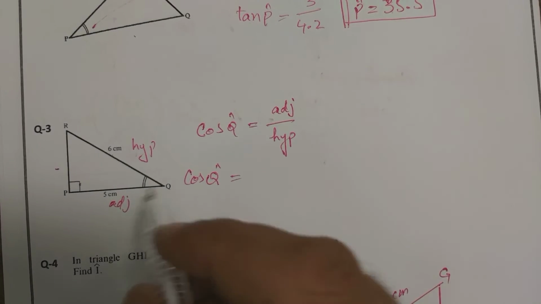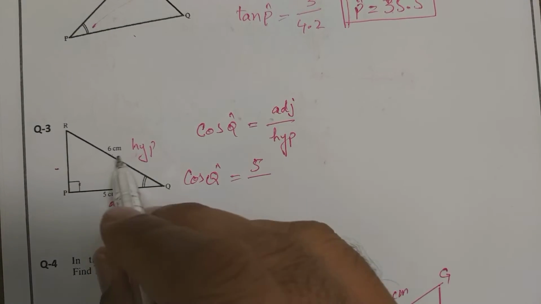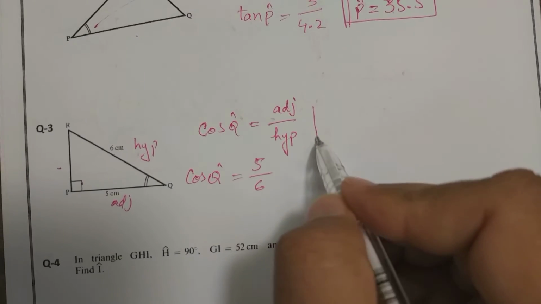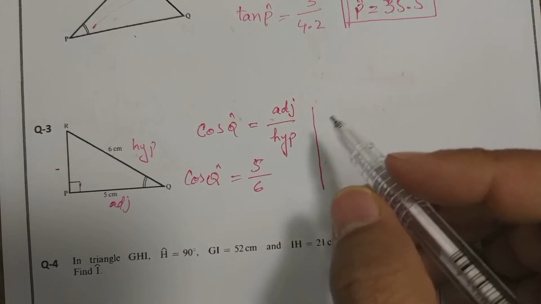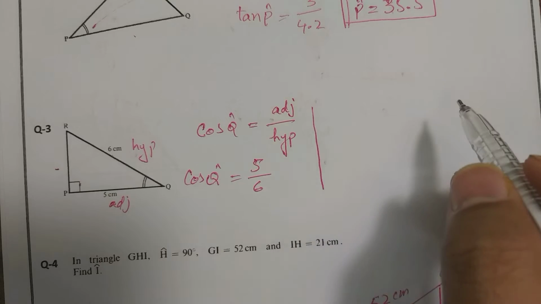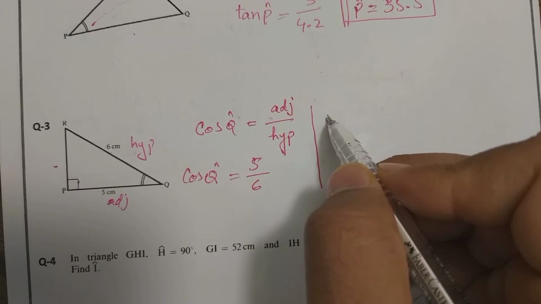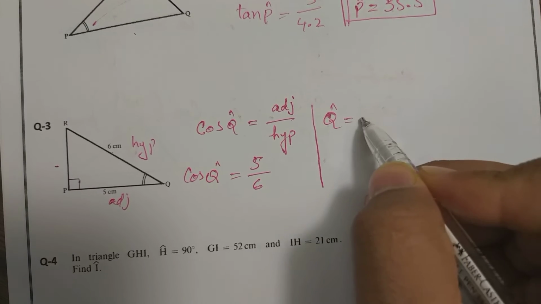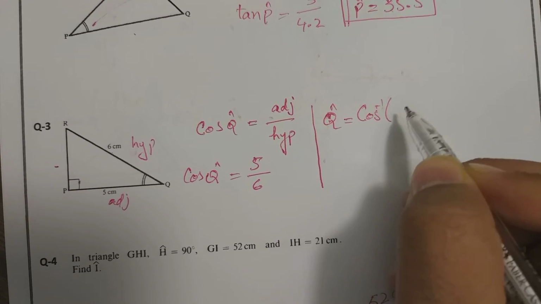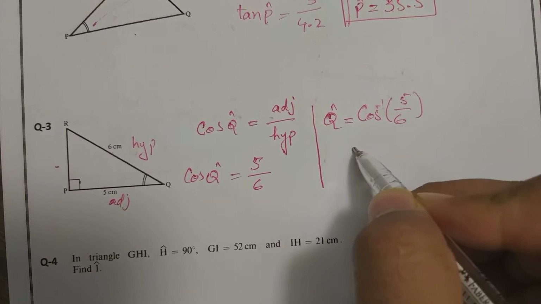The adjacent given here is 5 and the hypotenuse given is 6. Because we need to find an angle, we shift the required function to the other side. As I said, whenever you need to find the angle, shift the required function. So angle Q equals cos inverse of 5 out of 6.